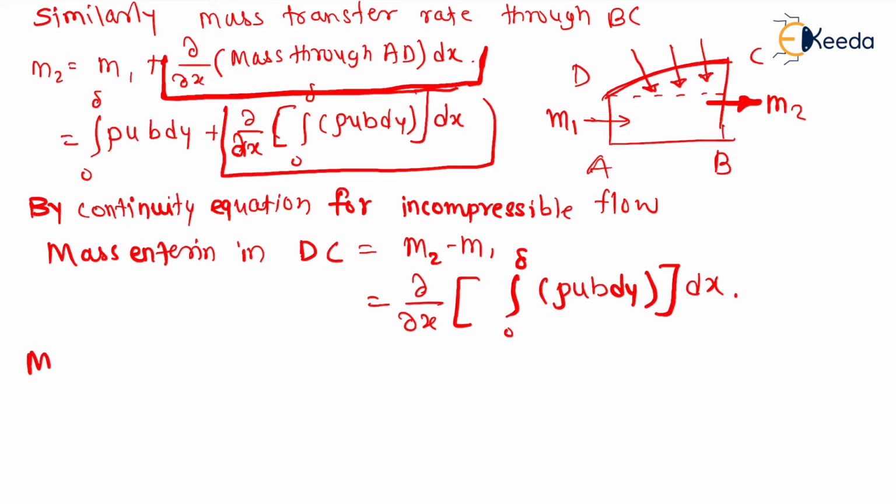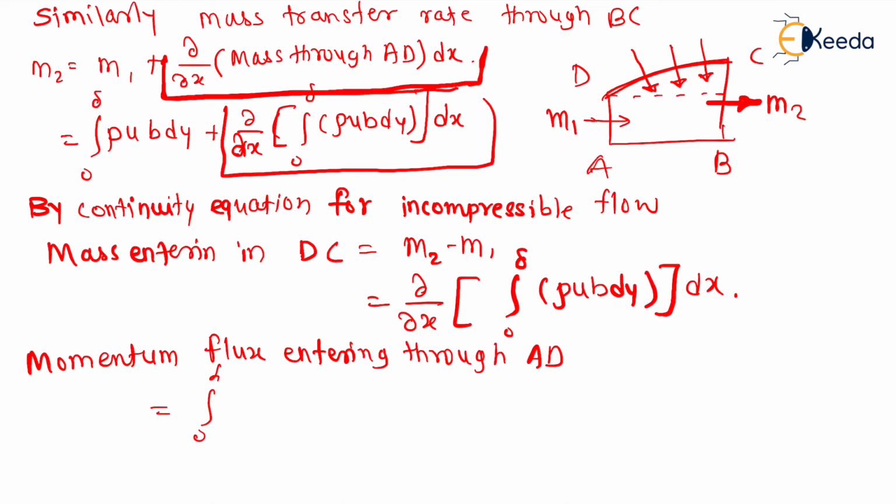So momentum flux entering through AD is 0 to del, momentum is mass into velocity, so rho u b dy, this is mass, into velocity at AD, velocity is u, so into small u, so it becomes integral 0 to del rho u square b dy.